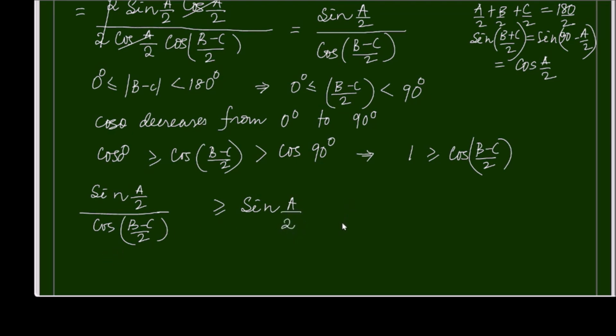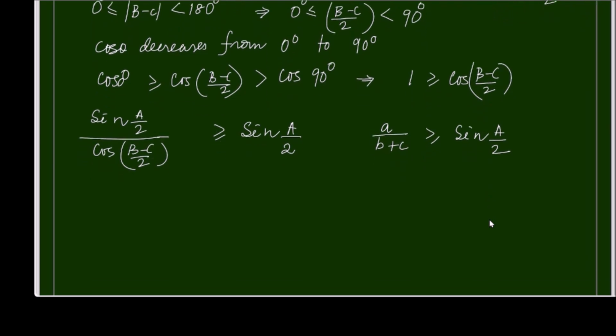So what was this? This was A over b plus c is greater than or equal to sine A by 2. We have proved this. This is also a part of the question; it can be a whole question also to prove this.